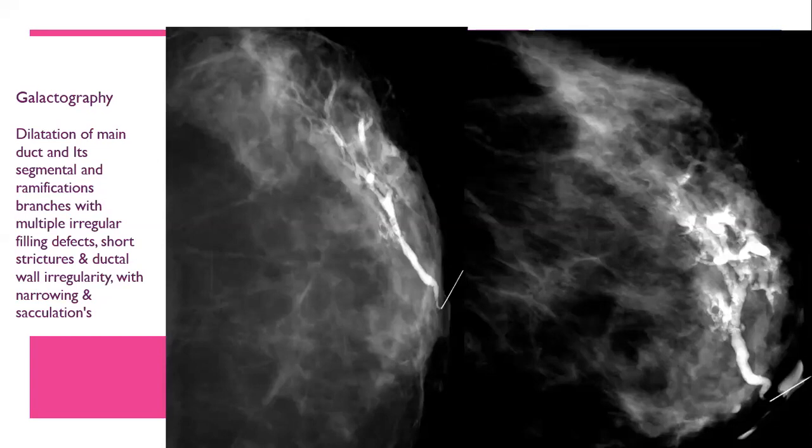The ductogram revealed dilatation of the major and minor ducts, the segmental and ramifying ductal system, all mildly dilated, but not only dilated, they demonstrate irregularity, irregular filling defects, and short strictures alternating with dilatations, giving a beaded appearance. Findings are highly suspicious.